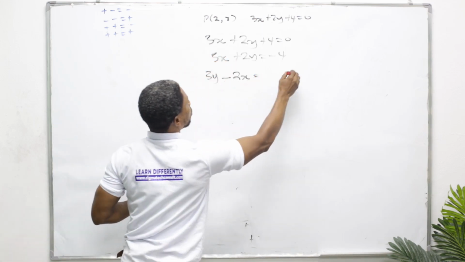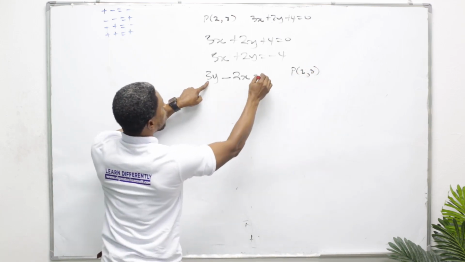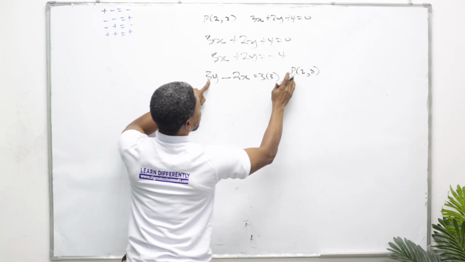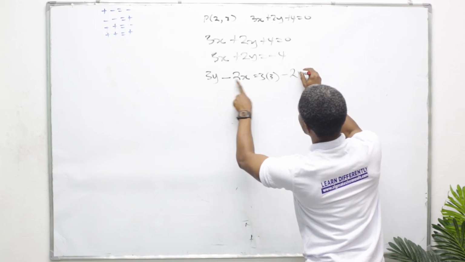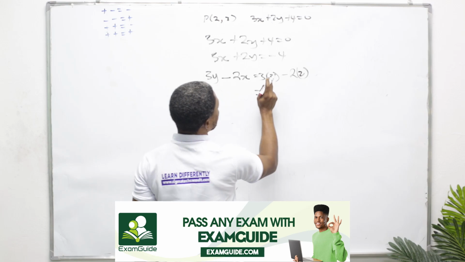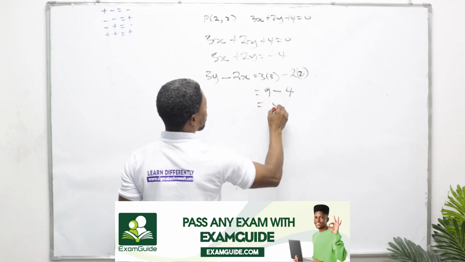And then the next thing I will do, I'll now look at the point, which is 2, 3. Anywhere you see y, put 3. Anywhere you see x, put your point 2. So let's multiply. 3 times 3, 9. 2 times 2, 4. Subtract. That is 5.